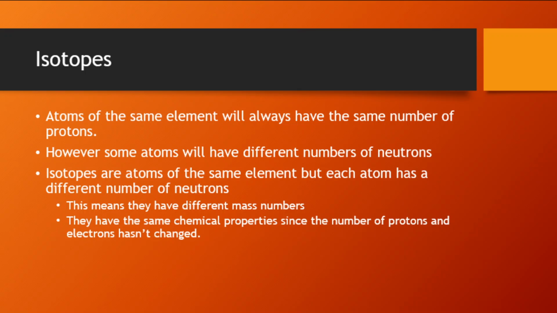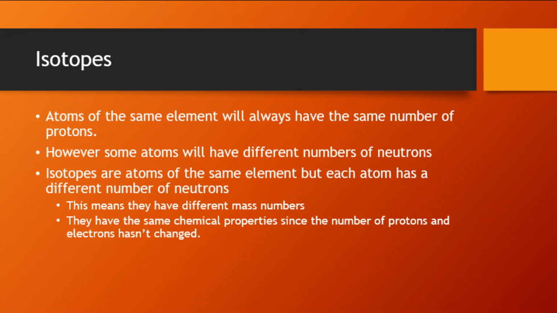Now, what that means for us is that if it's an isotope, that means that the atoms have different mass numbers, right? Now, ultimately, what's the same, however, is that they have the same chemical properties, since the number of protons and electrons hasn't changed.